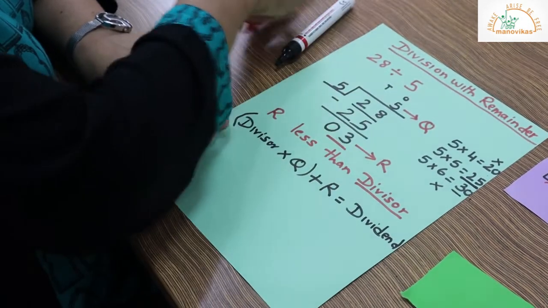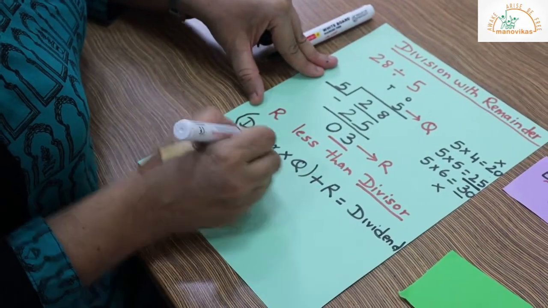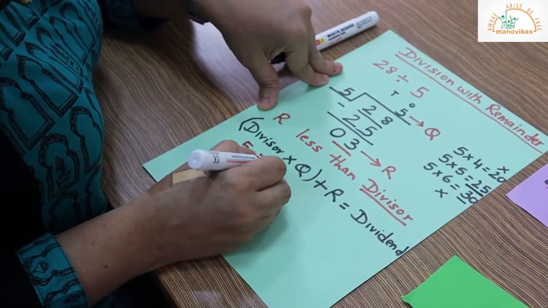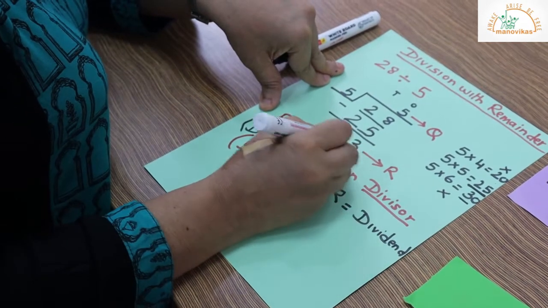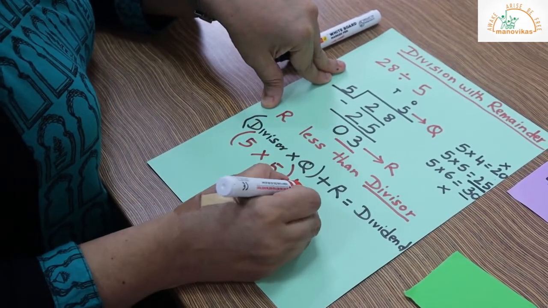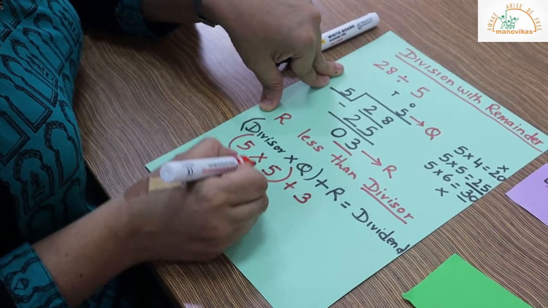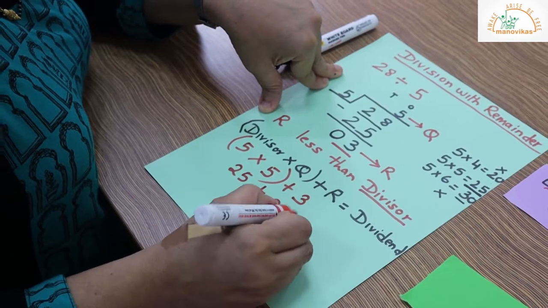So now, what is the divisor? 5. What is the quotient you have got? The answer again is 5. Plus, what is the remainder you have got here? 3, right? Now, 5 5s are 25. Plus 3 is how much?